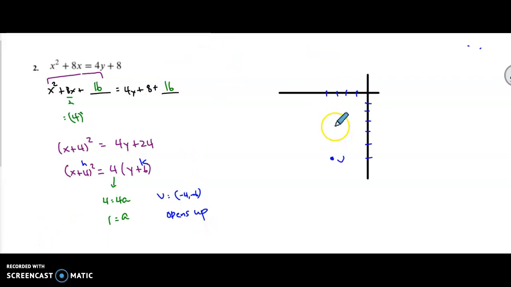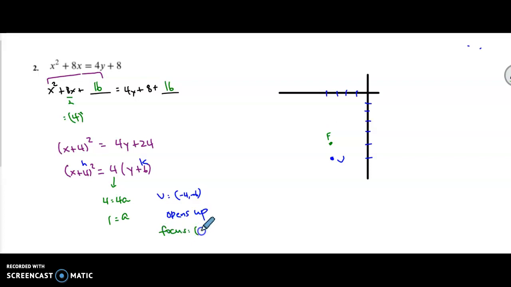All right, so I'm going to start drawing the parabola here. So I've plotted my vertex here at -4, -6. I know that since it opens up, my focus is going to be 1 unit above the vertex because a is 1. And so the focus is going to be here, and I'm going to make sure I write that down. Okay, you'll be asked to provide all this stuff.